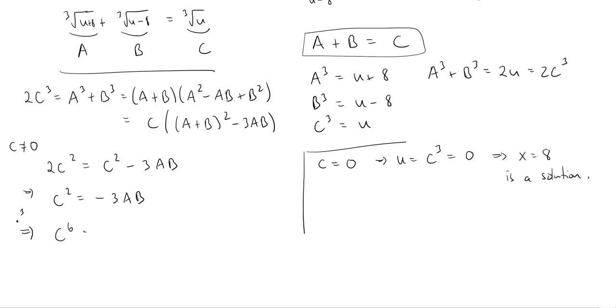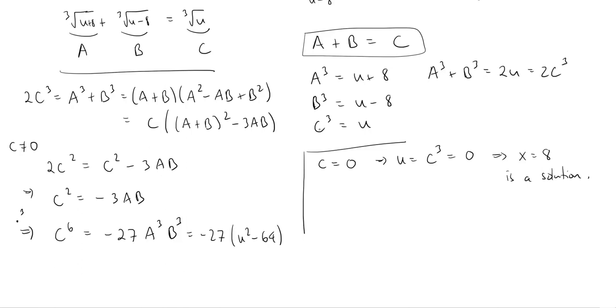So I get c to the sixth is equal to negative 27 a cubed times b cubed. But a cubed times b cubed, that's just me multiplying u plus 8 with u minus 8. So this is negative 27 times u squared minus 64. It's just the difference of squares formula. What about the other side?